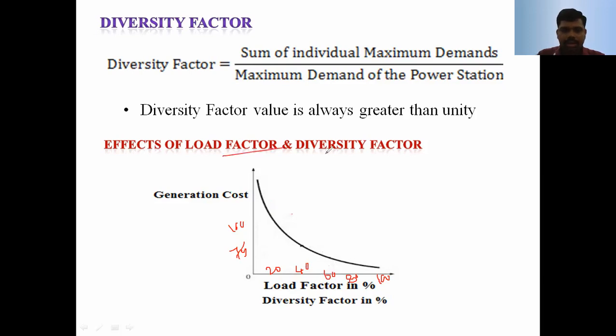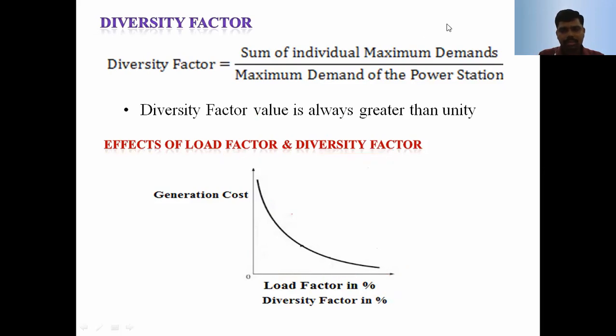The load factor and diversity factor play a key role in fixing the per unit cost. That is, we need to calculate how much the cost is for 1 kWh. Based upon the load factor and diversity factor only, we calculate the per unit cost. When their values increase, the cost is minimized.